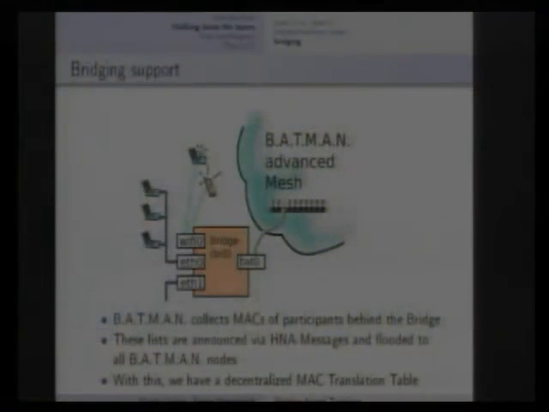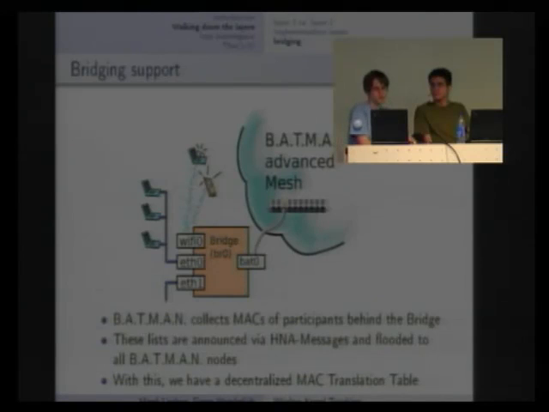I've said we have a big distributed switch, and you can also plug in another bridge. You might know the Linux bridge. You can add your other interfaces, like a Wi-Fi interface offering an access point, or an Ethernet segment on your computer, put them all in one bridge and add them to the Batman mesh.